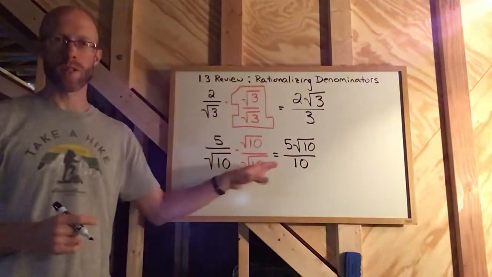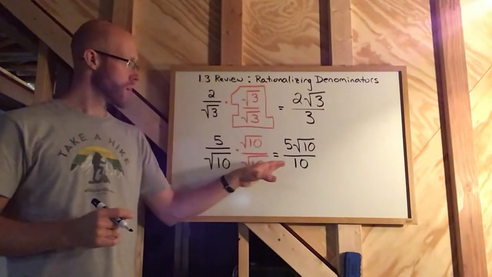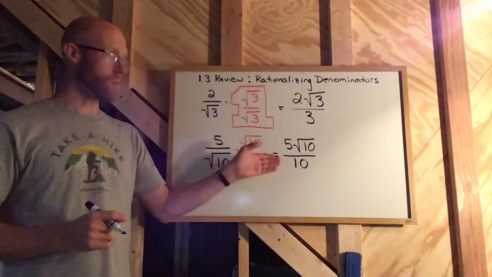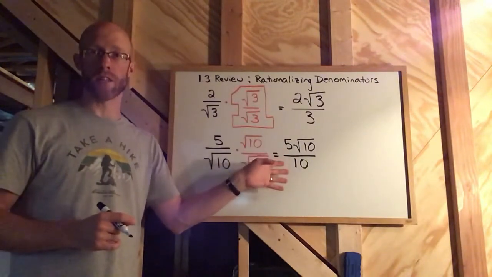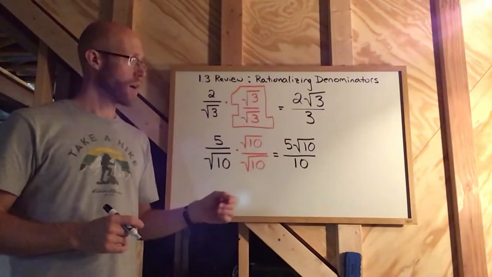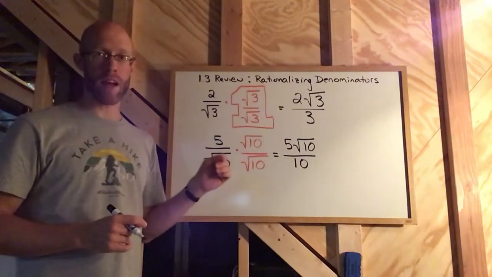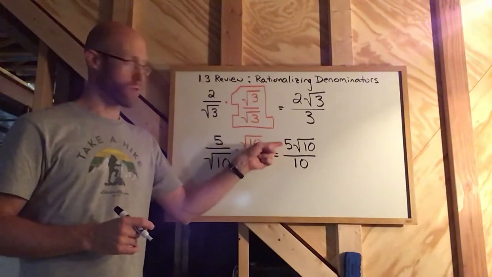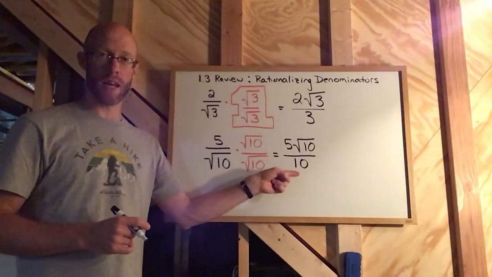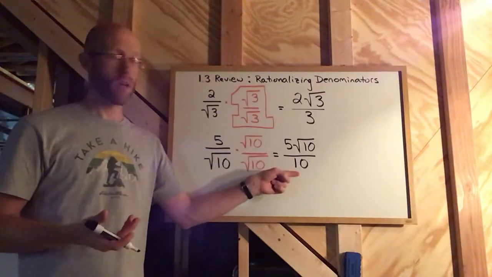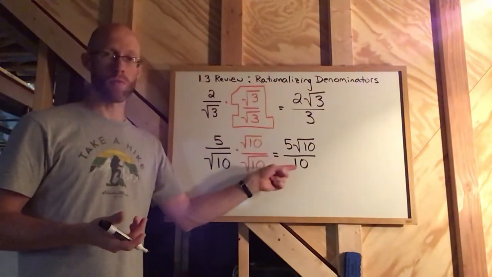Now what's interesting, the reason I chose this example, is because sometimes you can reduce these fractions after the fact. Anytime you have a common factor outside of the root, so here's a 5 and a 10, both outside the root, if they have a common factor, you can reduce them.